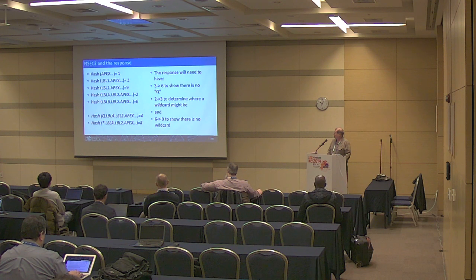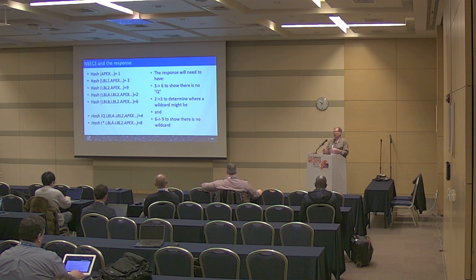I want to say no, there's no Q.label A.label 2.apex. It's a query there, so I need to respond with NSEC3 records, and none of them can say they have anything to do with any particular name. They have to hide their identities. So I have to show that 4 doesn't exist, that there's no hash of 4, because if 4's hash existed, that would mean Q is there, and that's not what I want.